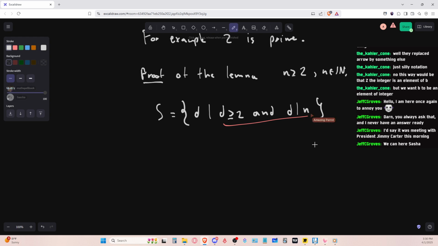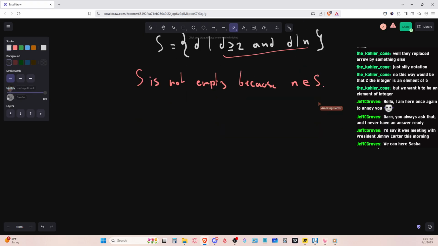Practically n. So yeah, you're right. So S is not empty because n is part of S. Because we assume that n was bigger than or equal to 2, and obviously n divides n, so S is not empty.